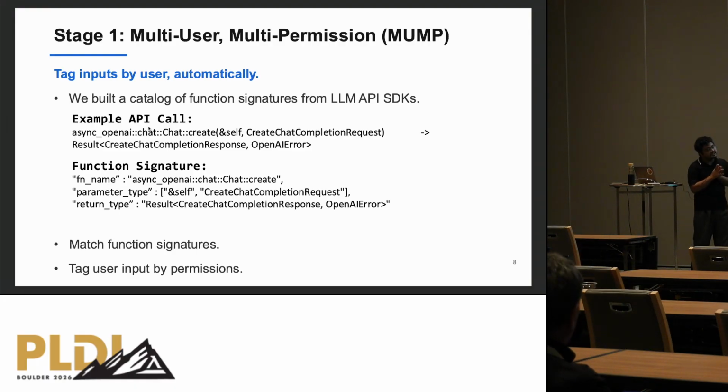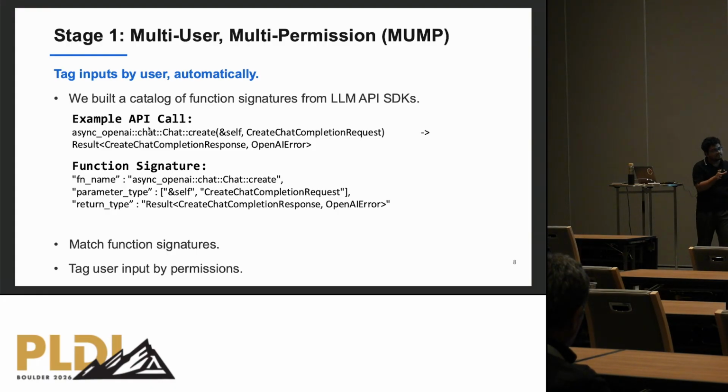We already created a database, or dataset, of popular function signatures from popular LLM API SDKs. So there is OpenAI, Anthropic, and also Gemini. We have this database of all of these popular LLM APIs, and we keep the function signatures here. Then in the program, we match those function signatures against our dataset and check whether these calls are LLM API calls or not.